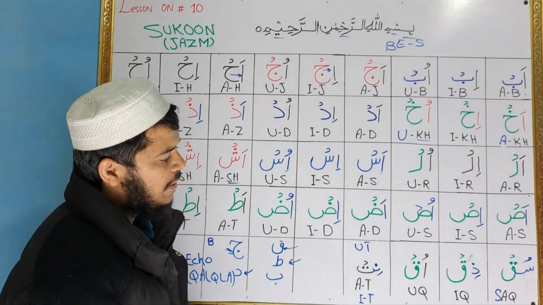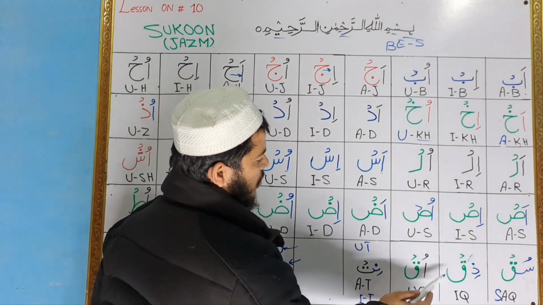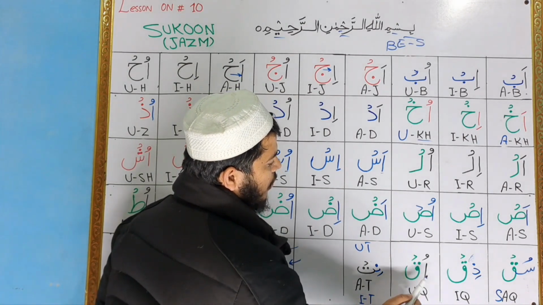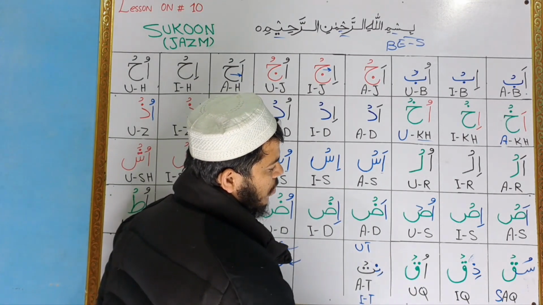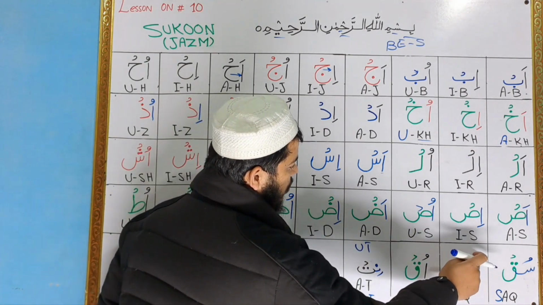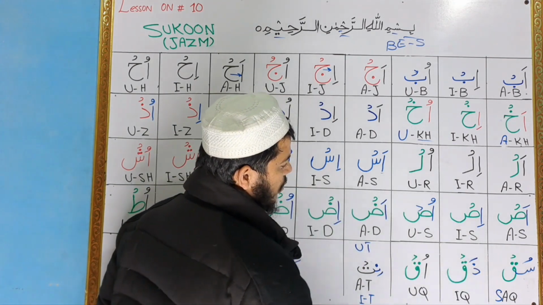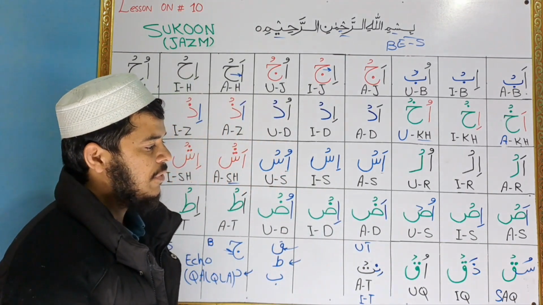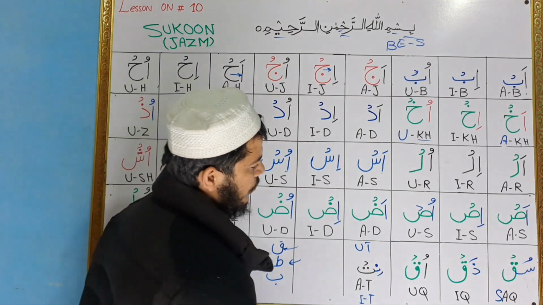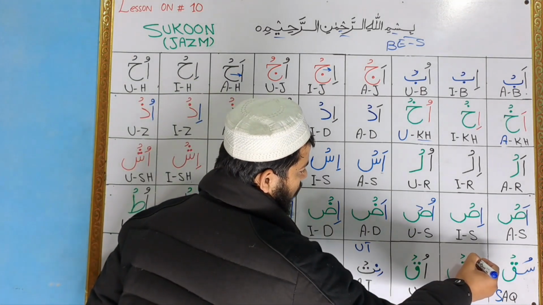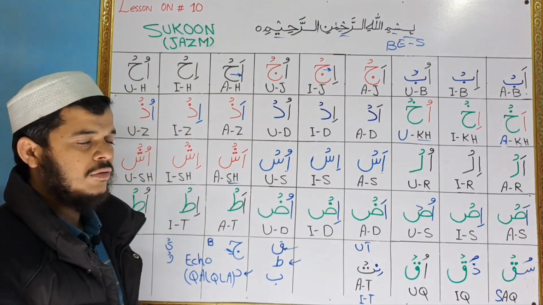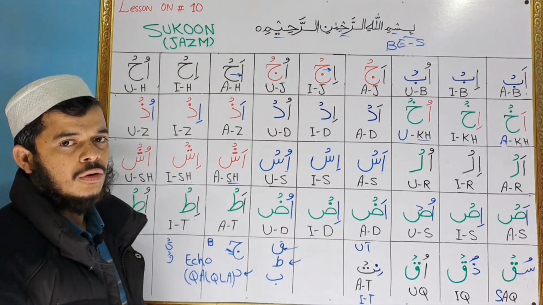Now the letter qaf is joining with zal: zal, qaf, kasra, ziq. If the zal has fatha, it becomes zaq. If it's dhamma, it becomes zuq.